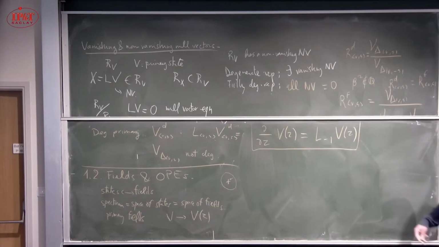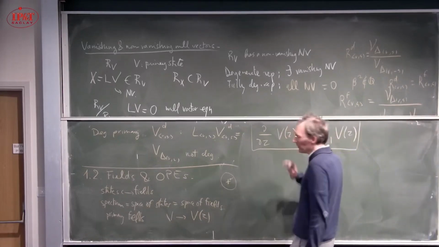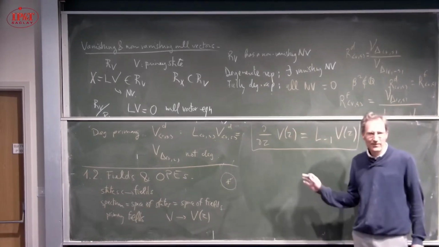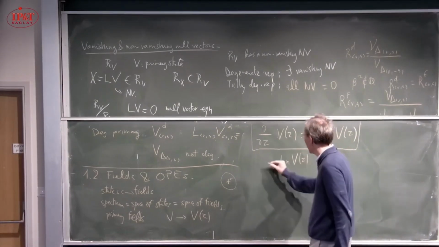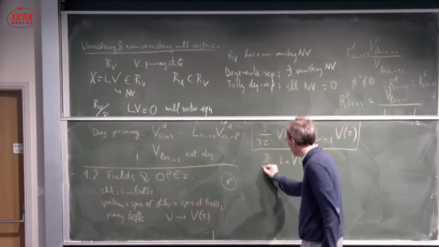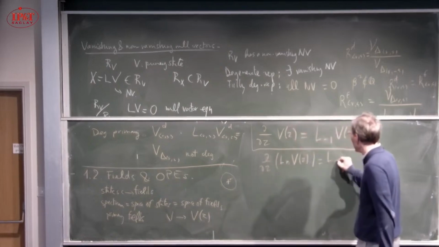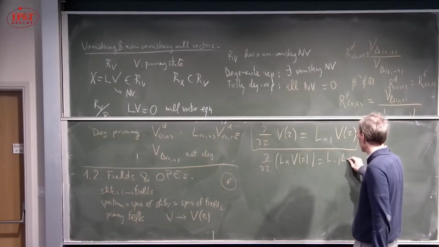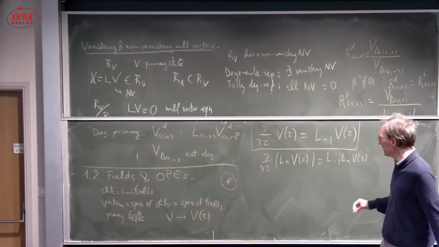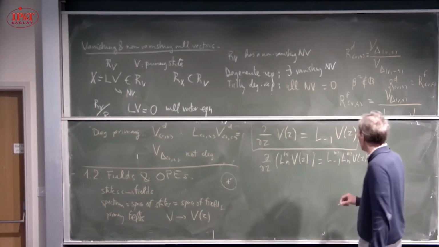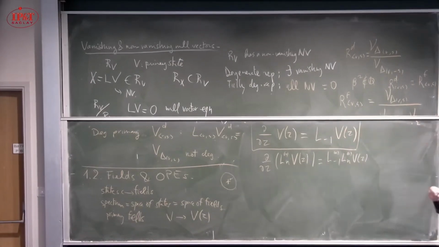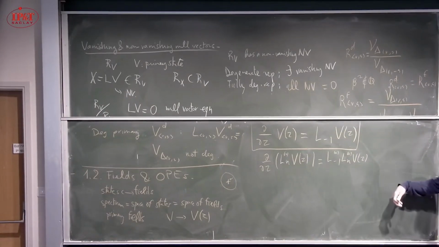Okay, so now let's draw some consequences of this axiom. This axiom is supposed to hold for really any field. So in particular, if I act on a field with L_n, I get another field which is also supposed to obey the same axiom. Now to be clear, let me add an extra label z to L_n, because these Virasoro generators can act on any field at any position, but this makes them depend on z.